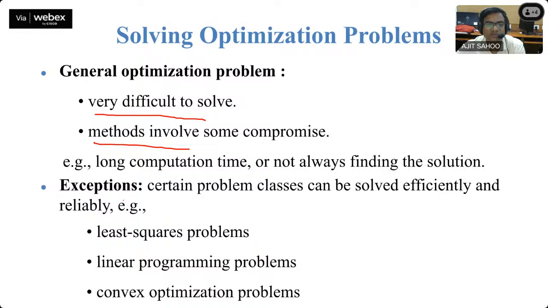But there are some exceptions. Certain problem classes can be solved efficiently and reliably, for example, least squares problems, linear programming problems, and convex optimization problems. These classes of problems you can solve easily because many software packages and already established algorithms are available for these three types of problems.